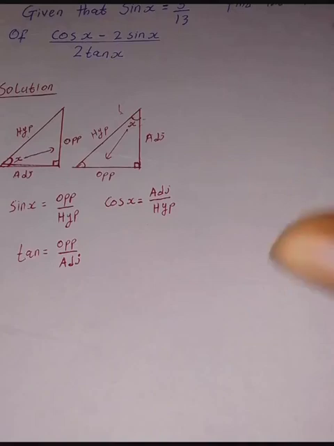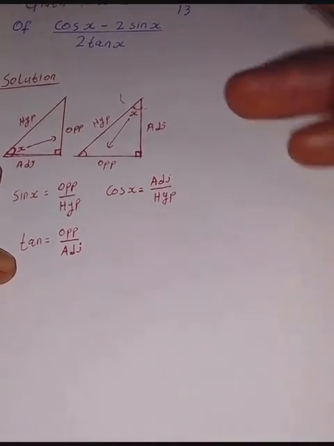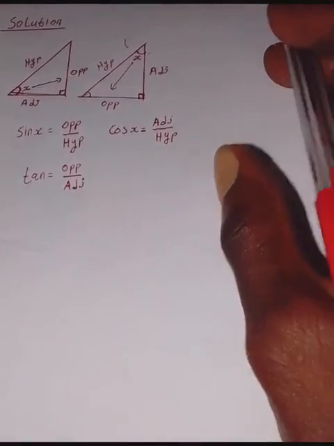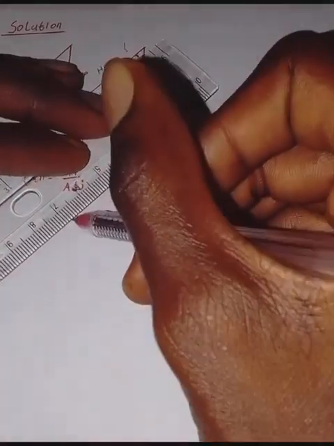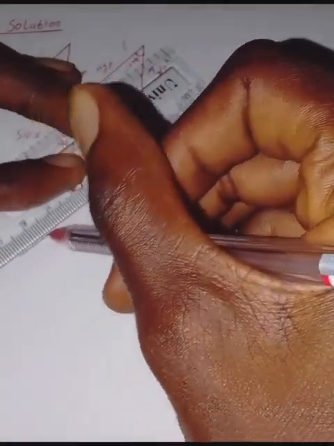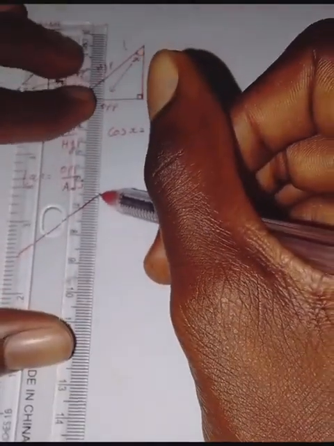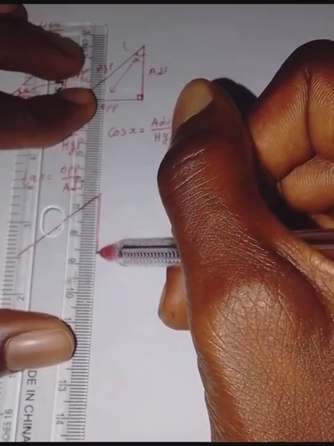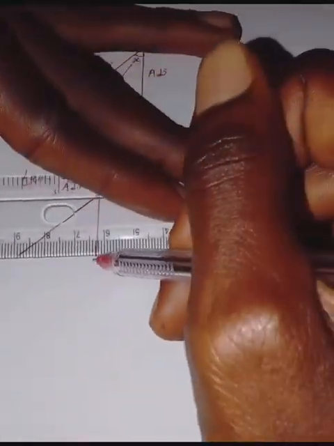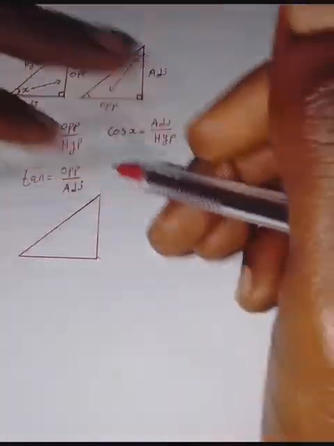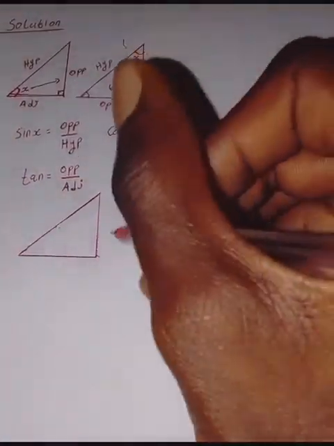So now let's look at it here. Let me draw a triangle for this angle. Assuming we now have something like this. So this is another right angle triangle here.